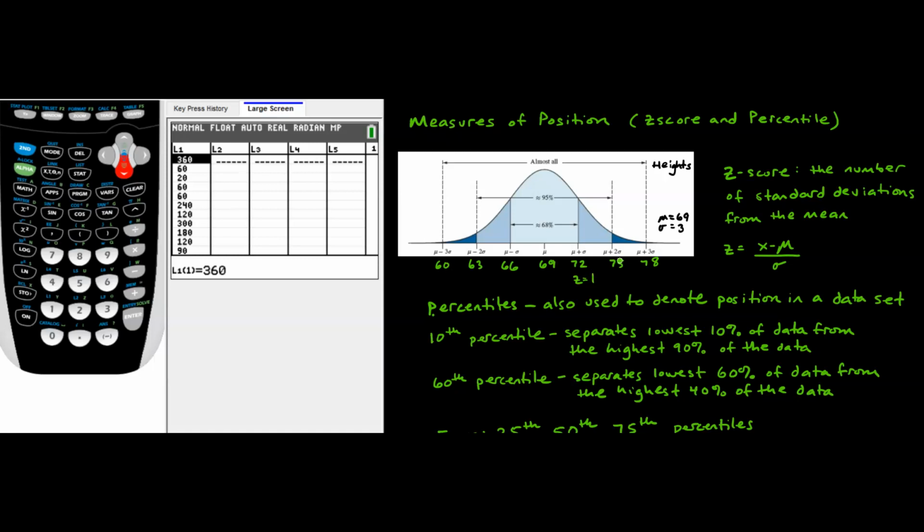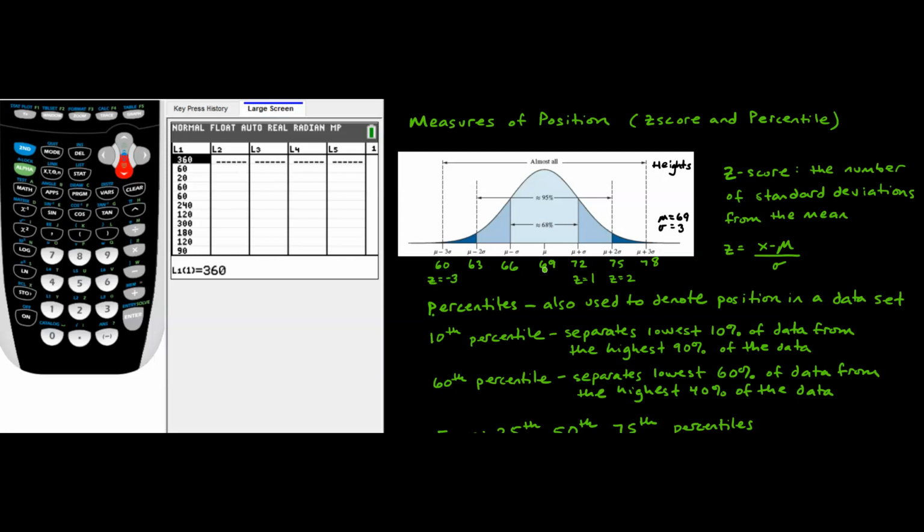Or this individual right here at 75 inches tall, you could see is exactly 2 standard deviations above the mean. So we would say that their Z-score would be equal to 2. Or go to the far left of the distribution, this person that is 60 inches tall is 3 standard deviations below the mean, so we would say that their Z-score is -3.